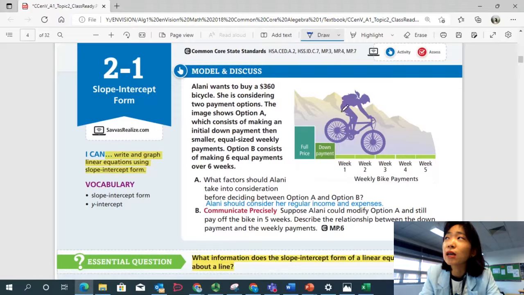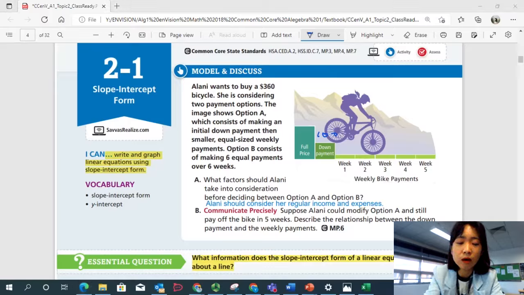If she pays a down payment of $100, okay, this is just an if. If she makes the down payment of $100, you pay small increments on a weekly basis. So if you pay $100, you have $260 left, and that means you're going to pay $52 every week.